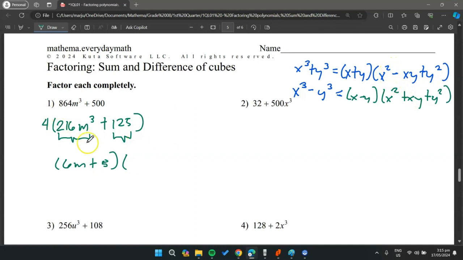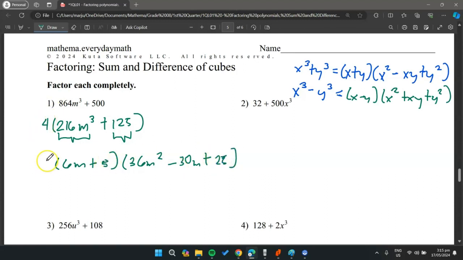So what is 6m squared? That is just 36m squared. And then minus xy, multiply this, this will give you 30m. And then plus y squared, that is just 25.